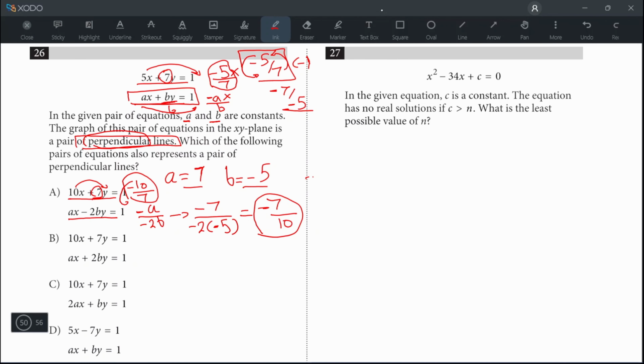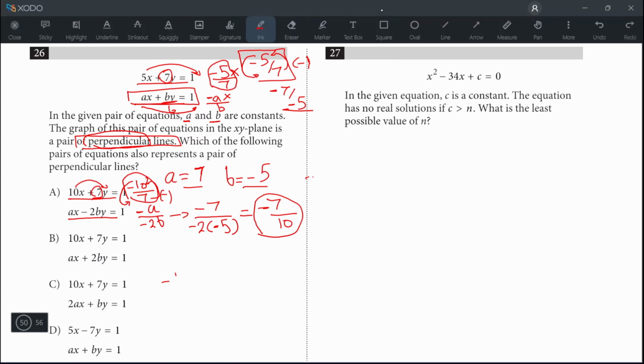Let's move 10 down and 7 up, and then multiply by a negative sign. If we move 10 down, we'll have a negative 10 in the denominator, and if we move 7 up, we will have 7 in the numerator, and if we multiply by negative, we will have a negative 7 over negative 10, which is 7 over 10.